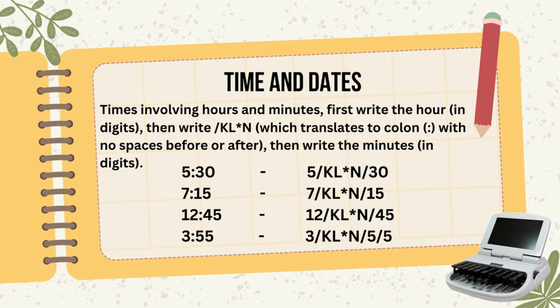For example, 5:30: it's 5, then initial KL asterisk N, and then 30. There will be no spaces before and after the colon.